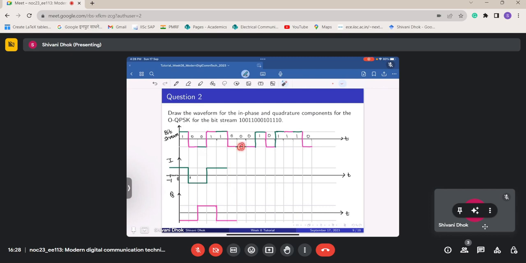Then we have this 0 for the in-phase component, so this will be here and attain 2 time slots. After this 0 we have this 0 here, which corresponds to the quadrature component, so we'll have this 0 here.